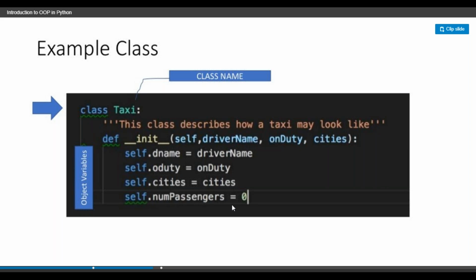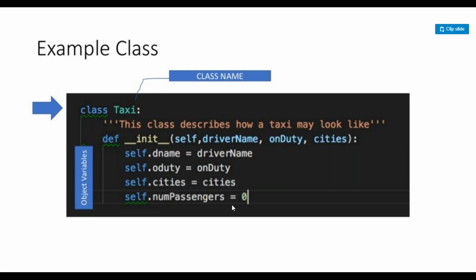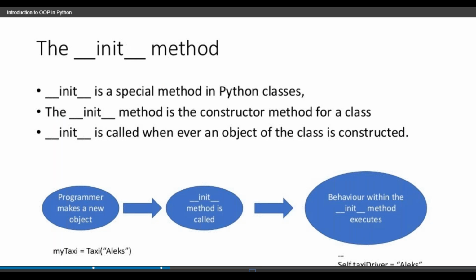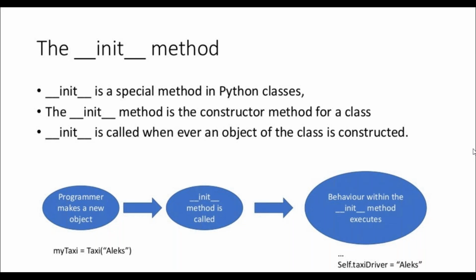So we can pass the initialization values. The double underscore init double underscore method, initialization, I told you, right? It is a special method in Python classes. Init in the sense of initialization. The init method is the constructor method for a class.